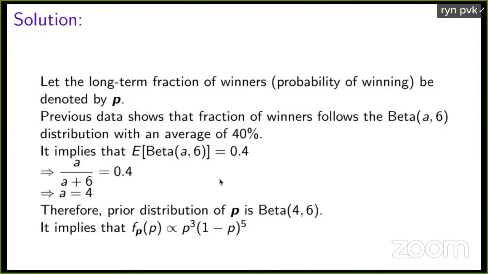So what is the prior distribution now? Beta 4 comma 6, right? The prior distribution for the parameter p, the fraction of winners, is beta(4, 6), and the prior density is directly proportional to p cube into 1 minus p to the power 5.